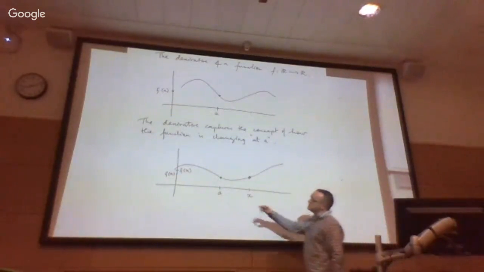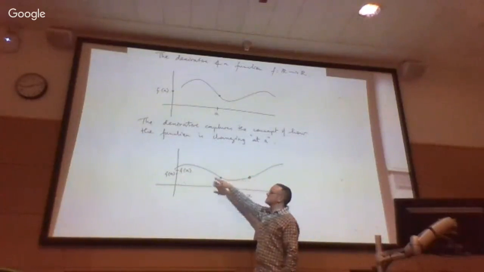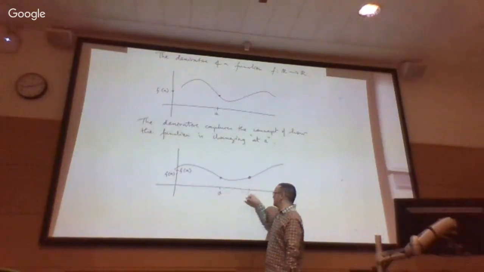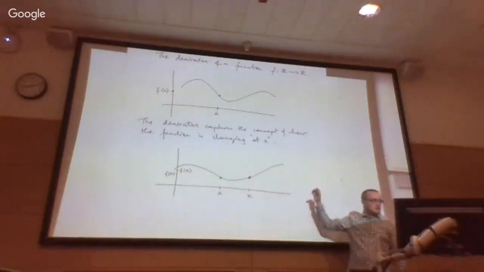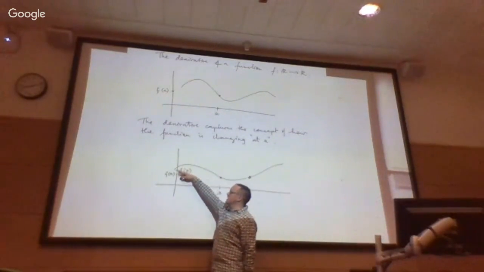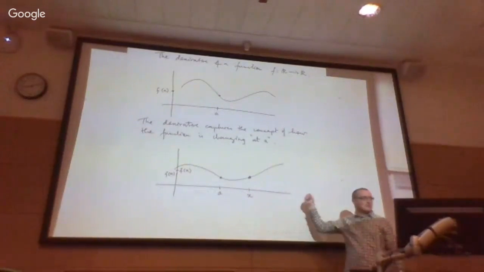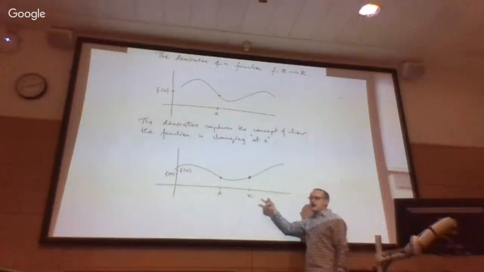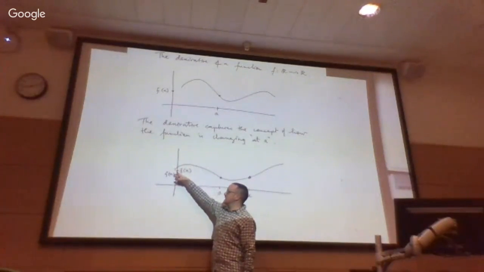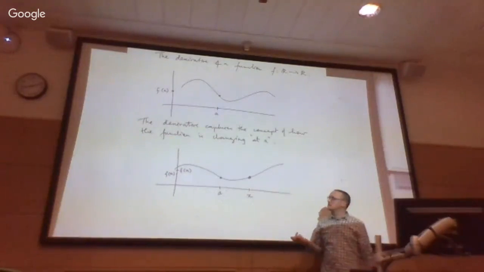But that shouldn't just be viewed on its own, because the function might only be slowly changing, but maybe your X is very far away from the base point A. So even though you observe a large difference here, if the value of X you chose was very far away from A, then that large difference could still come from a function that's very slowly changing.